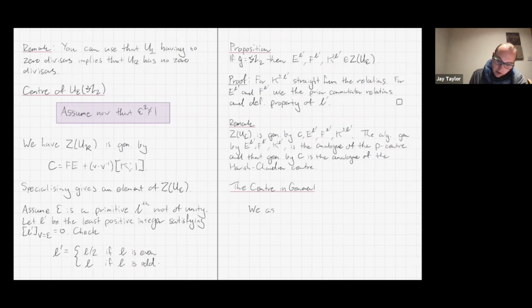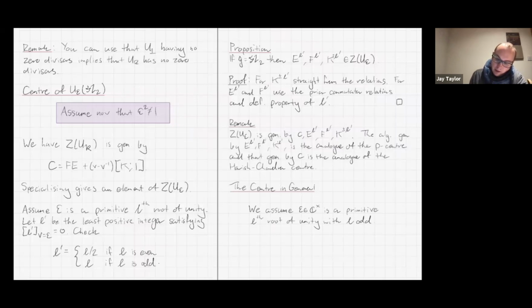In the essence of time, I'm just going to assume that epsilon is a primitive l-th root of unity with l odd.